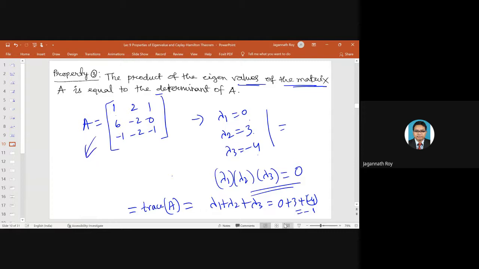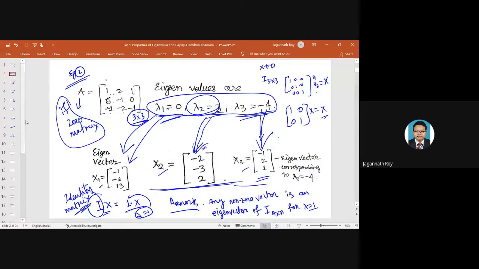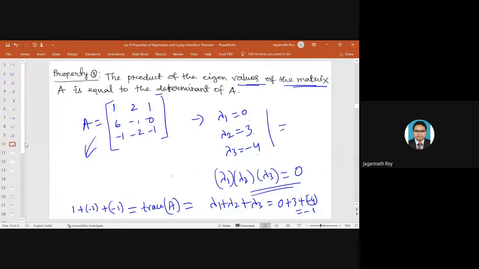And from this matrix, this is 1 plus minus 2, then plus again minus 1. Maybe I have written it wrongly, but these theorems are correct actually. Somebody should tell me that this is minus 1. This is minus 1. Okay, so this is minus 1, minus 1.